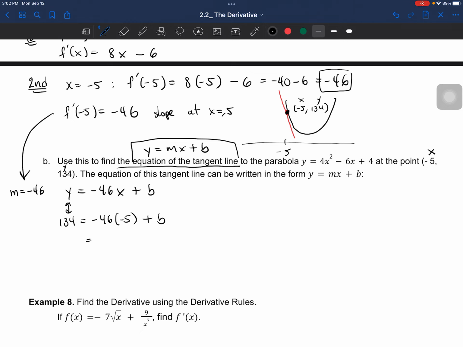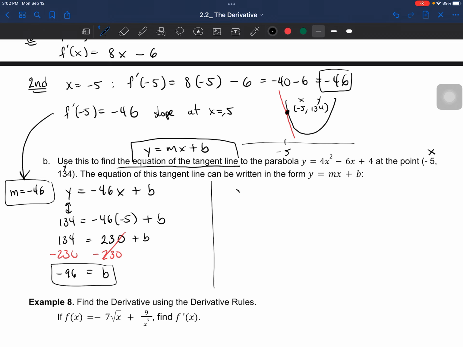It's going to be 230 positive, because negative times negative is positive. Then to solve for b, we need to subtract 230 on both sides of the equation, and this will leave us with negative 96. So b is equal to negative 96.